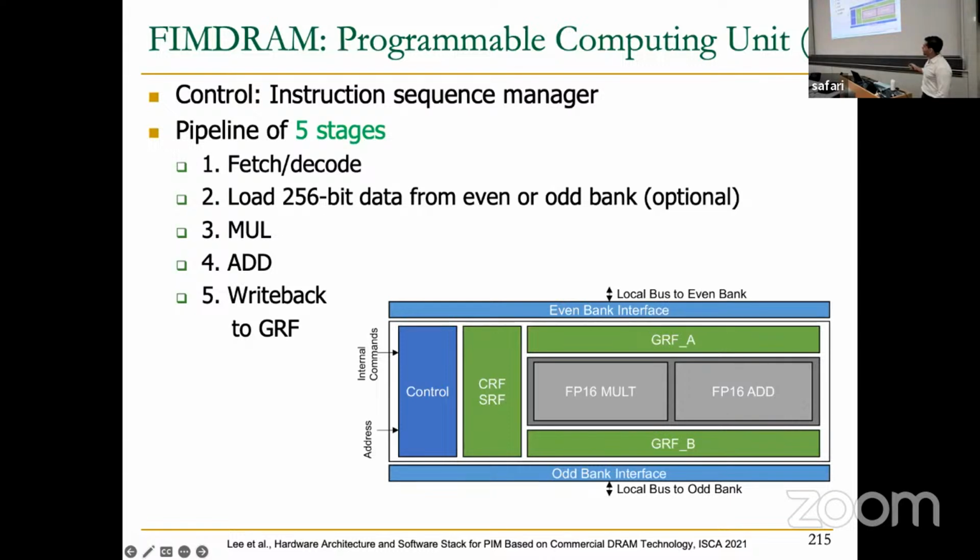You have the control, the instructions that you are going to execute, some register file to store the data that you latch from the banks, and the SIMD engines here, either for multiplication or for addition. Again, the target here is to do multiply and accumulate.